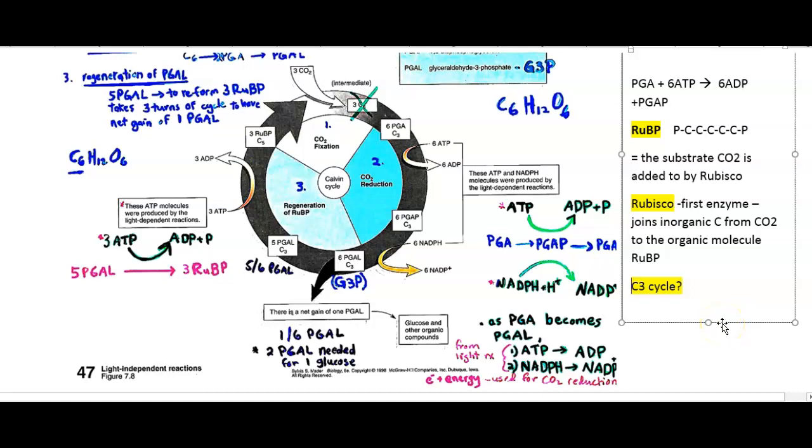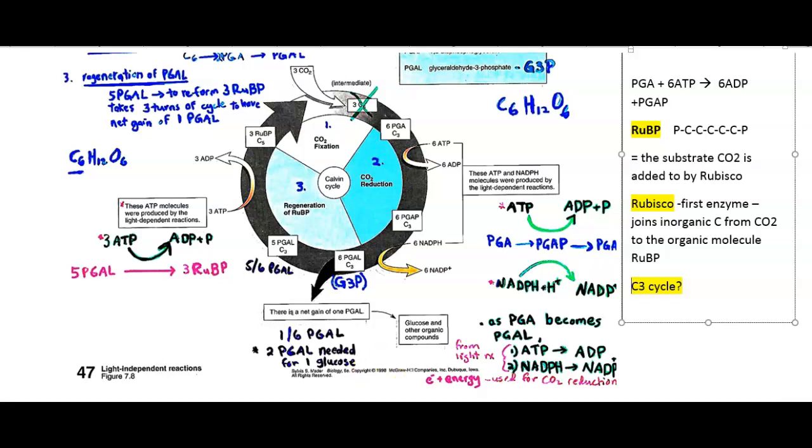Can anybody imagine why this might be called the C3 cycle? Just looking at the amount of carbons here. The first molecule we see has 3 carbons. And the G3P or PGAL also has 3 carbons. So that's the net gain of a molecule of PGAL that has 3 carbons.